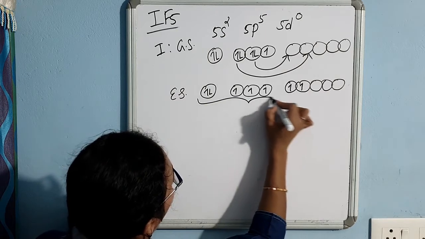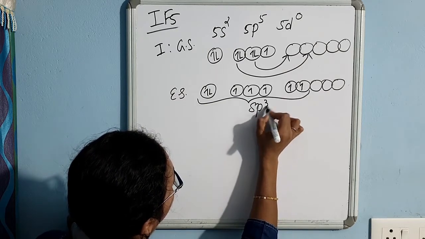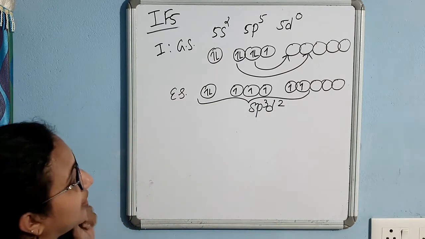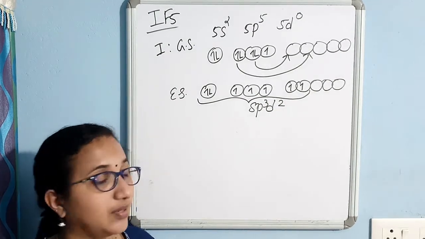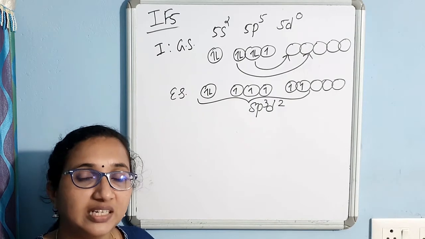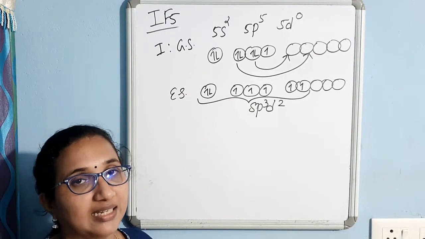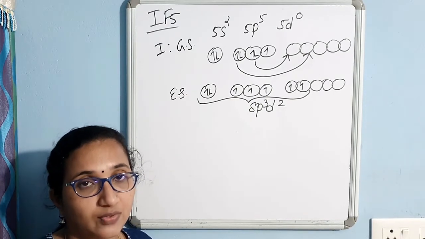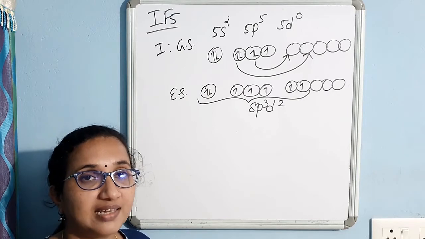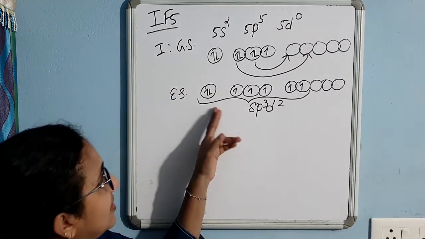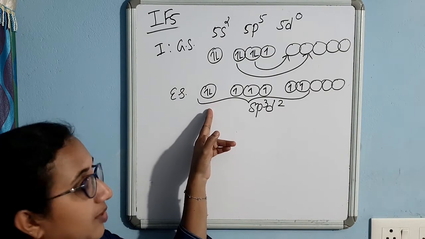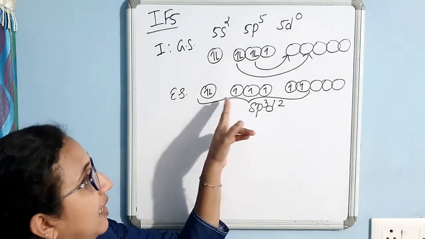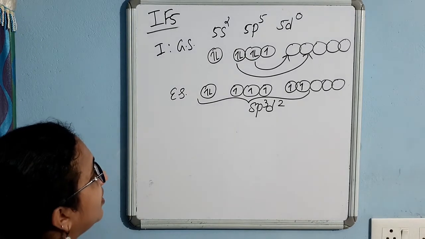So now these undergo hybridization to form sp3d2. We have seen sp3d2 hybridization in the previous case also, but that was xenon tetrafluoride, which has 4 bond pairs and 2 lone pairs. Whereas in this case we have 1 lone pair. One of the hybrid orbitals contains a lone pair and the others become bond pairs.